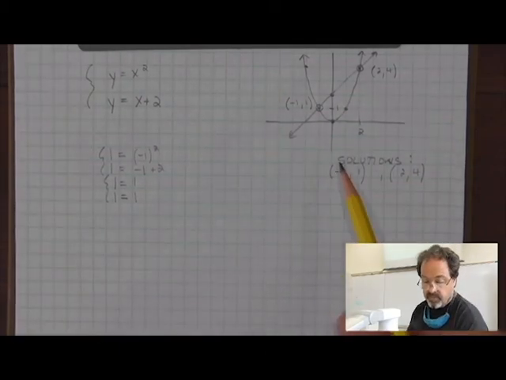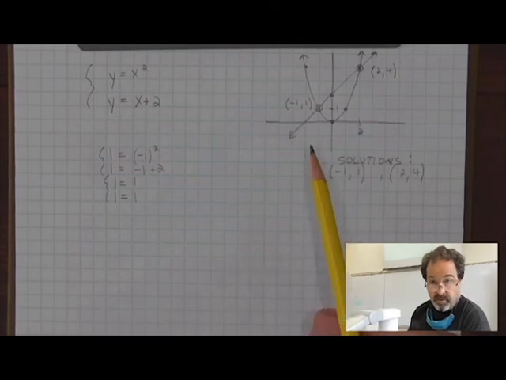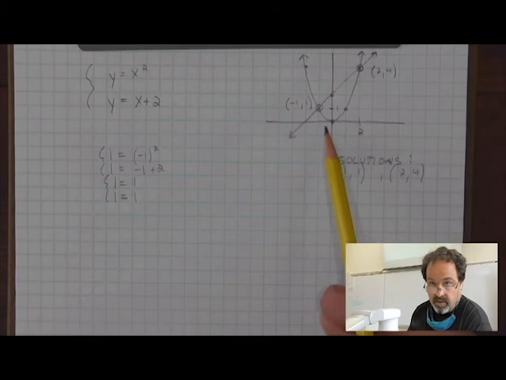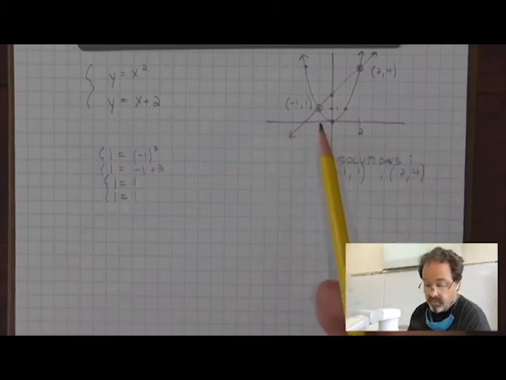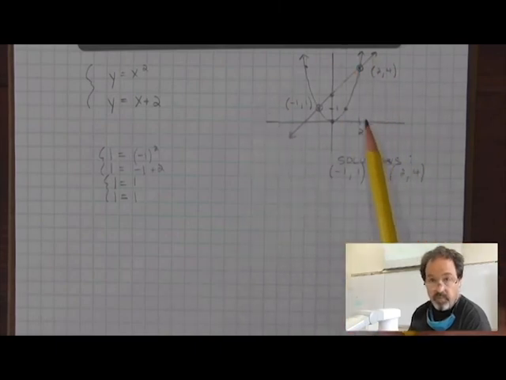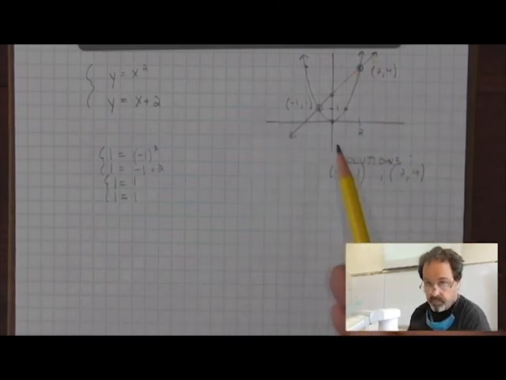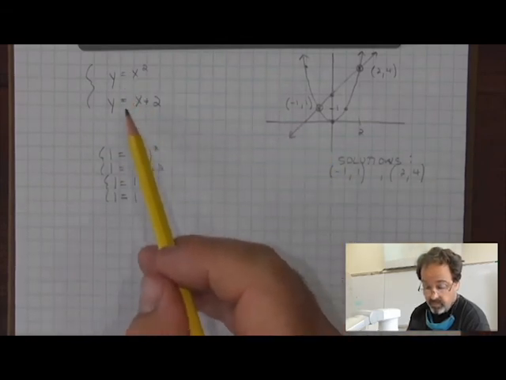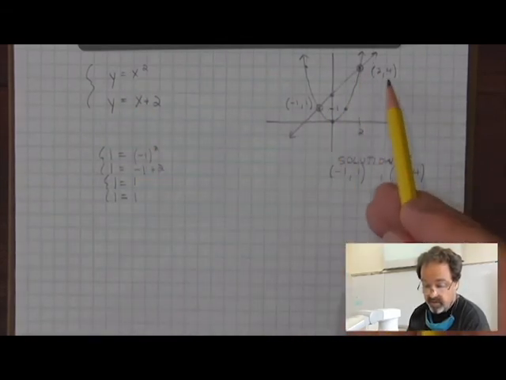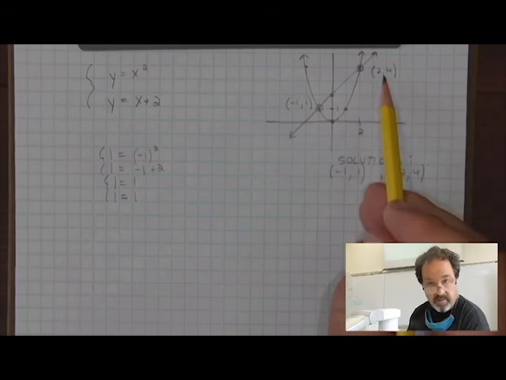Now, finding solutions to systems by looking at intersections on a graph is pretty easy to do if you can graph the equations reliably and the graph is easy to observe where those coordinates are. But that's not often the case. These equations here graph very nicely and the intersections had integer coordinates.